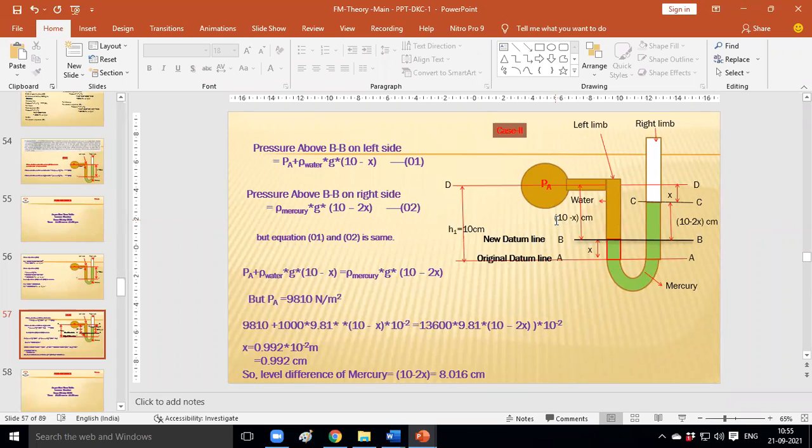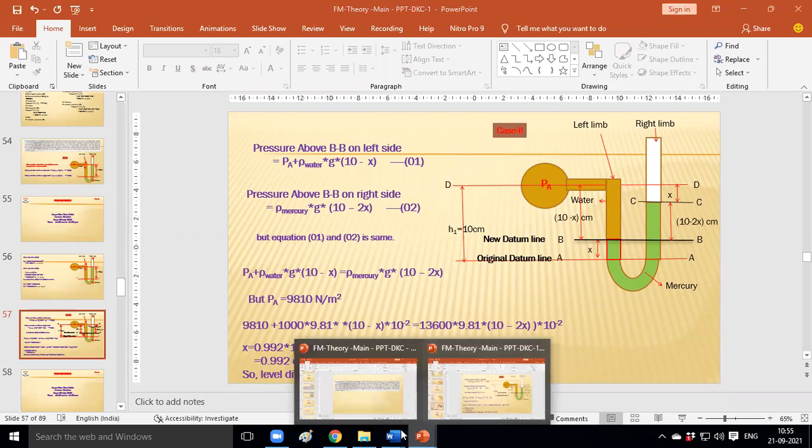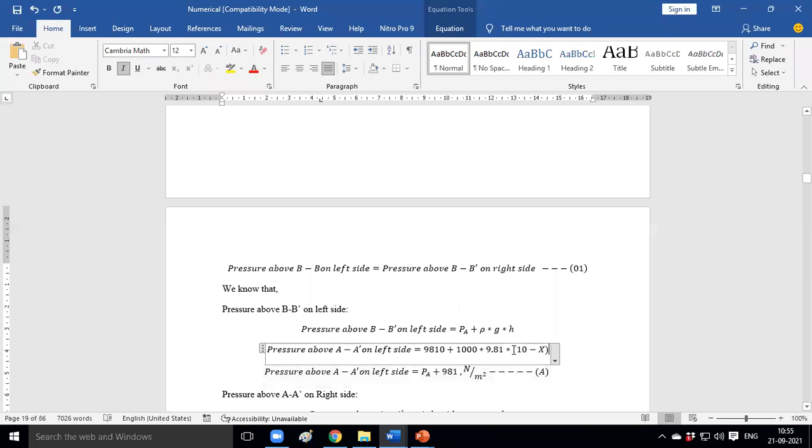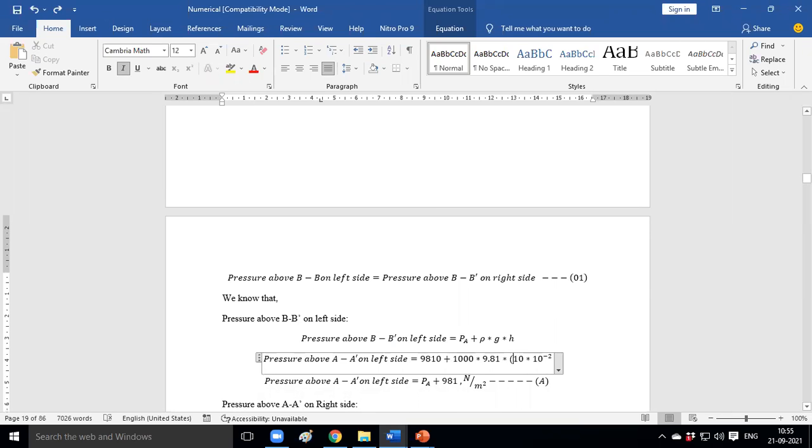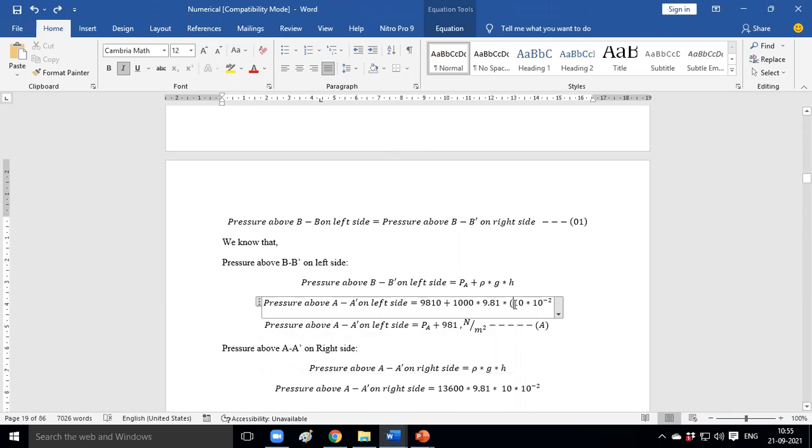So instead of 10 minus x, with the unit conversion we write 10 minus x multiplied by 10 to the power minus 2.